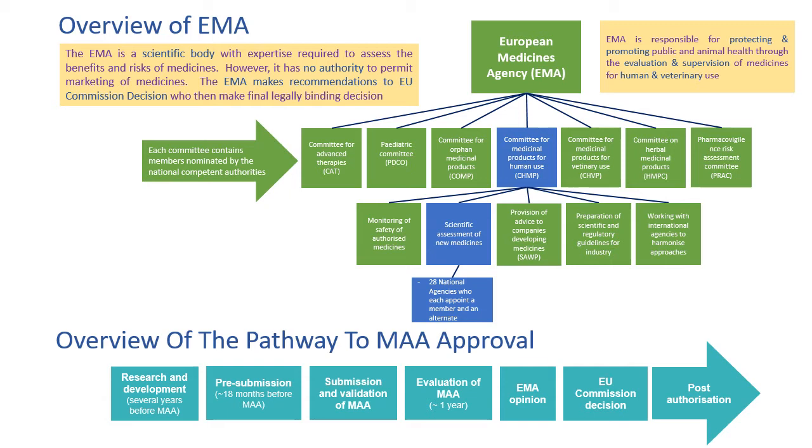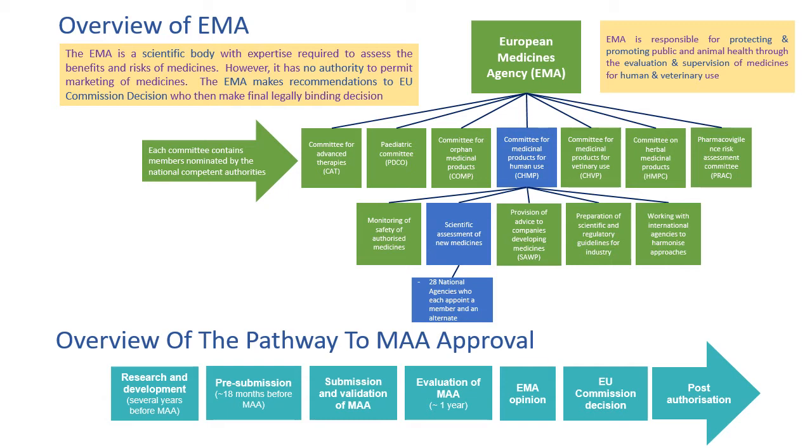So moving on, what does the overview of the path for marketing authorization approval look like? First stage is your research development stage, which is several years before your marketing authorization is actually in practice. It'll be maybe 5 to 7 years before that, maybe 10 years.